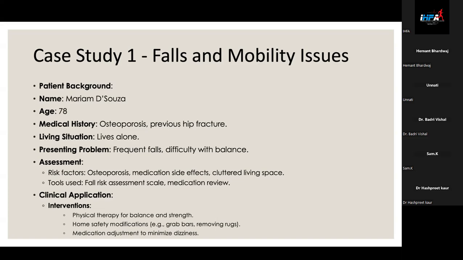For the clinical application, the interventions: we gave her a physical therapy program which specifically worked on her balance and strengthening.